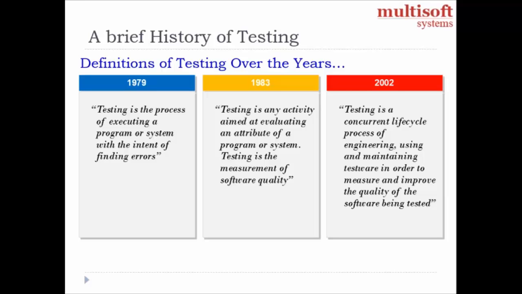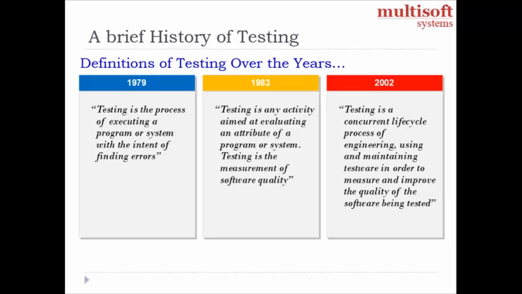After some time, they felt that it is not only about finding the errors; in addition to that, we have to do something else. So they concentrated on quality. At that time they felt testing is any activity aimed at evaluating an attribute of a program or system, and it is the measurement of software quality.